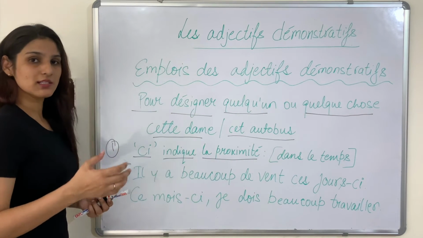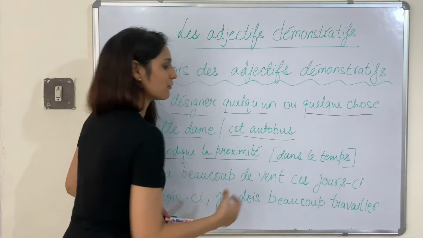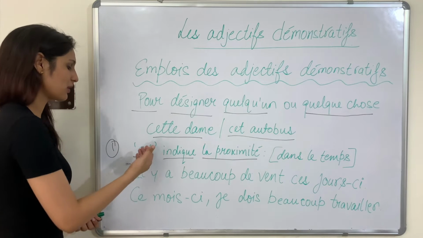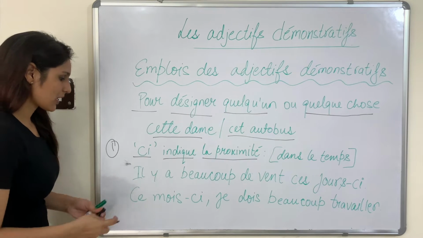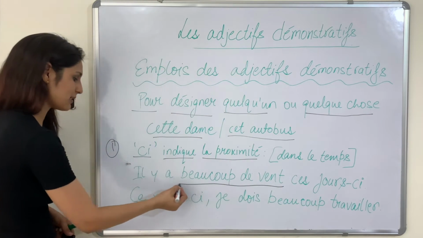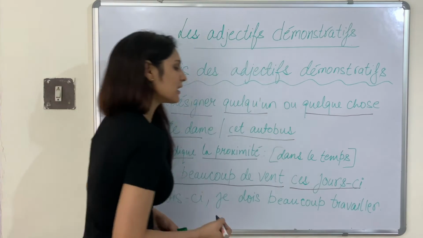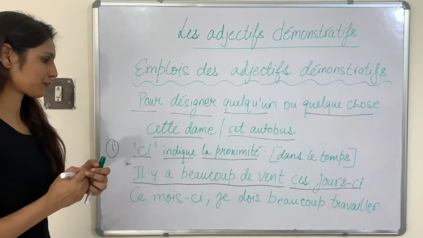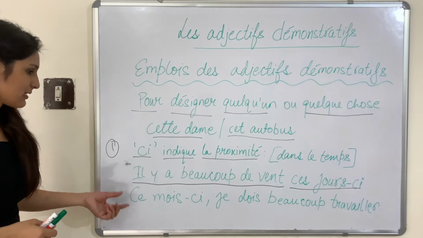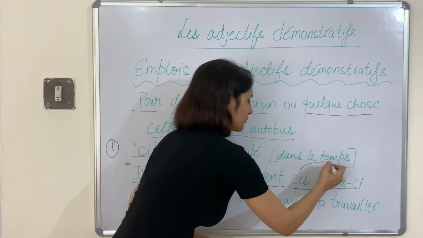It is indicating proximity in terms of time. Dans le temps. While talking about time, you use ci. Now let's see. Il y a beaucoup de vent. It is a complete sentence. There is a lot of wind. Ces jours-ci. These days. These days there is a lot of wind. Now the second sentence. Right after your noun, you have used ci.